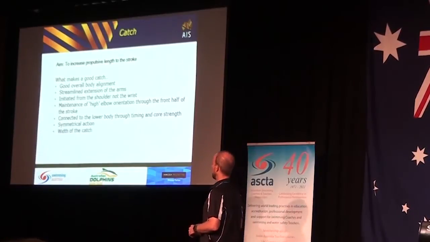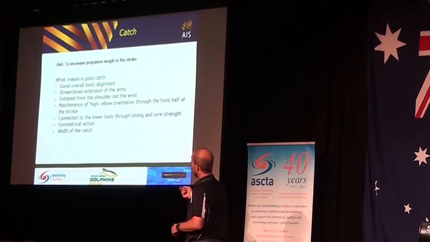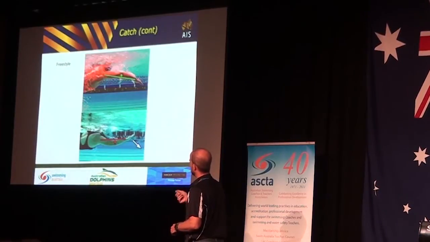All right, so you want to make sure the actions that you're doing are symmetrical so that the forces are the same, so the accelerations are the same, and you've got a better shot at maintaining closer to a consistent velocity. And then you've got width of the catch. Actually, I'll talk about that in a second.